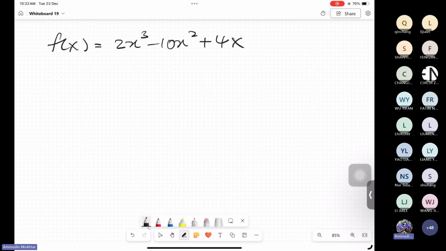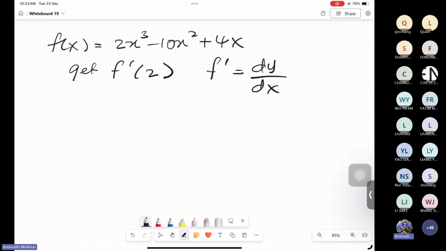The question is to find f prime of 2. What does it mean? f prime is equal to dy/dx, the first derivative. So f prime of 2 is the derivative when x equals 2.